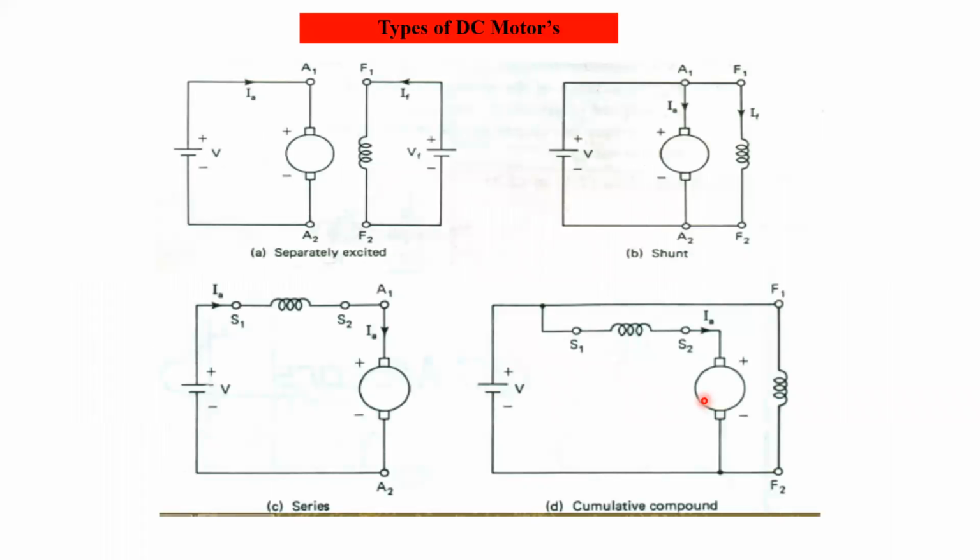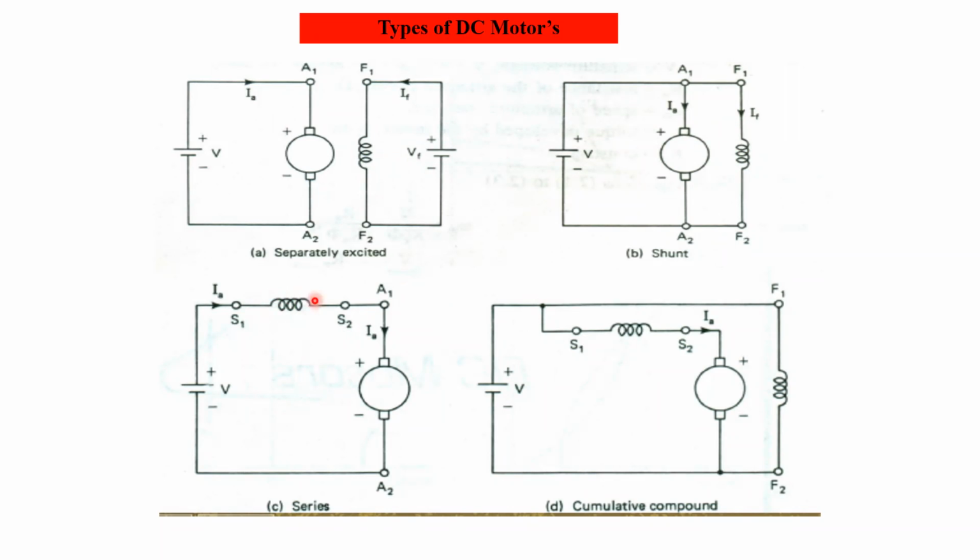Next, yesterday we also saw the types of DC motor. In a separately excited DC motor, the field winding is connected to an external supply, so it is called separately excited. If the field winding is connected in parallel with the armature winding, it is called a shunt motor.